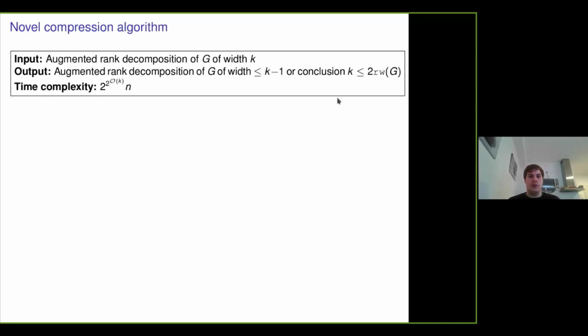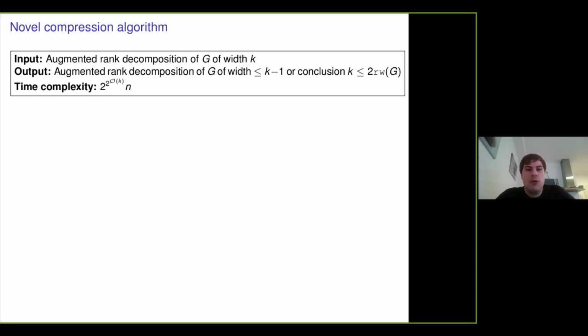Okay, so let's state formally what we want to do. The input is an augmented rank decomposition of a graph G of width k, where k is 2 times rank width plus 1.